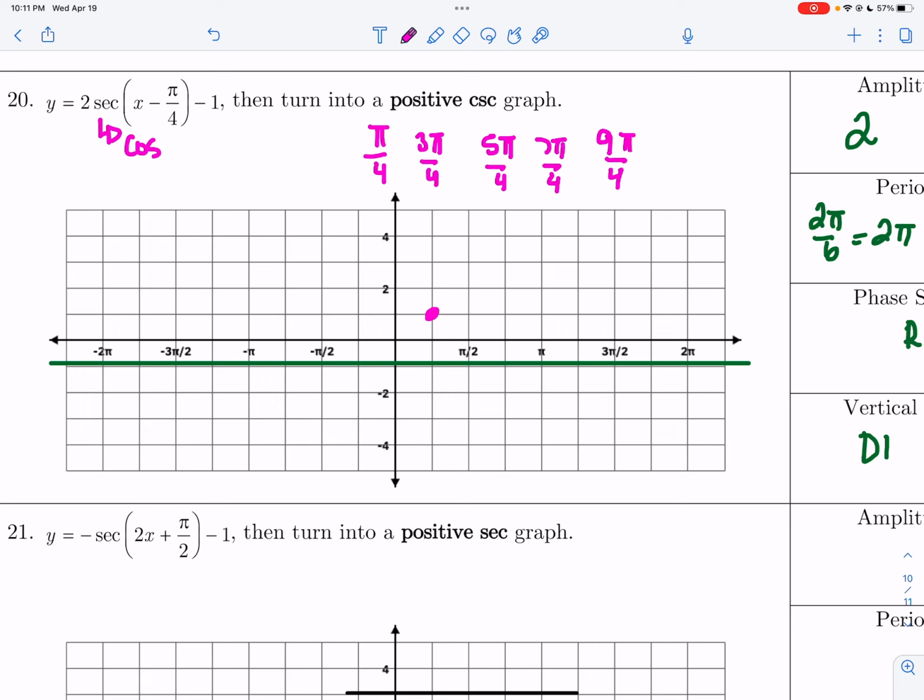Then 3 pi over 4, back to the midline. Then we're going to go low, then back to the midline, then up. Repeat this process. And then you can begin graphing.